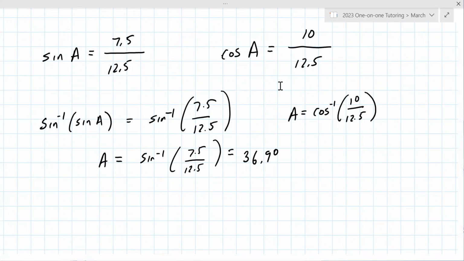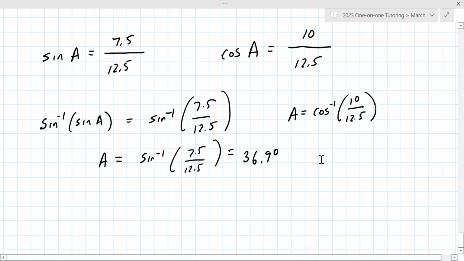So then I'd write cosine minus 1 of 10 divided by 12.5. Let me clear all. Yes.